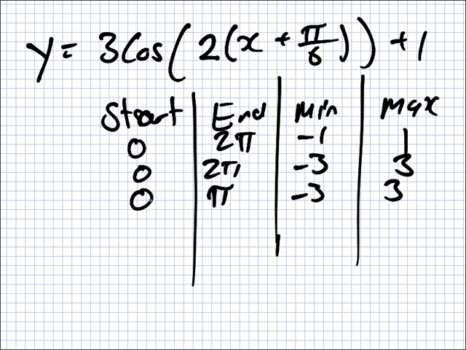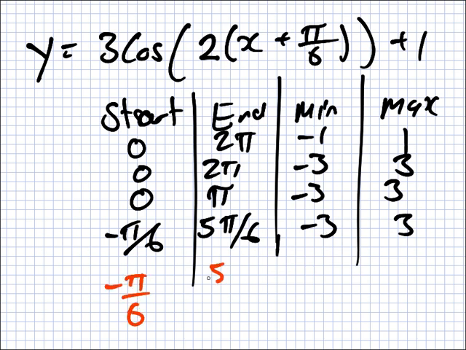Minus pi over 6. So that would be minus pi over 6 and 5 pi over 6. And what does the 1 do at the end? Min and max. How do you get 5 pi over 6? Pi minus pi over 6.